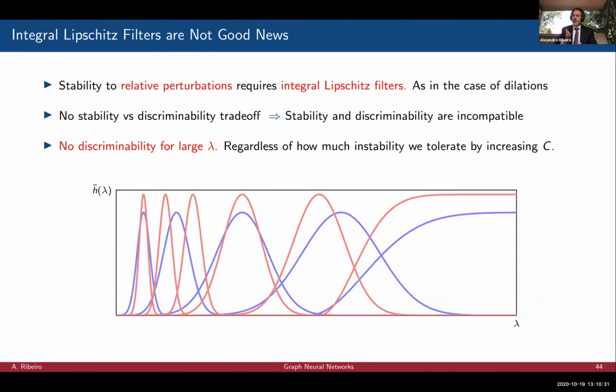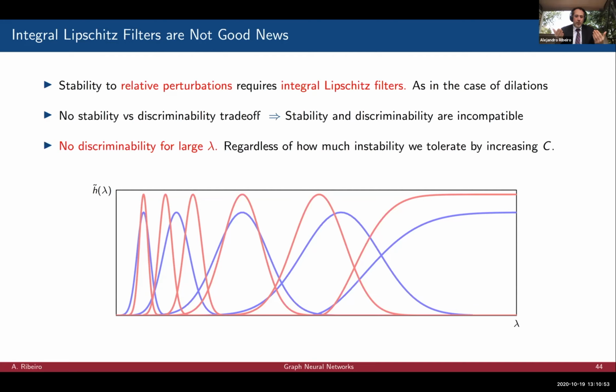If you give me a filter that is integral Lipschitz with whatever constant C you want, it could be very high, it is possible for me to move up sufficiently into the frequency domain and force you into losing the discriminability of your integral Lipschitz filter.